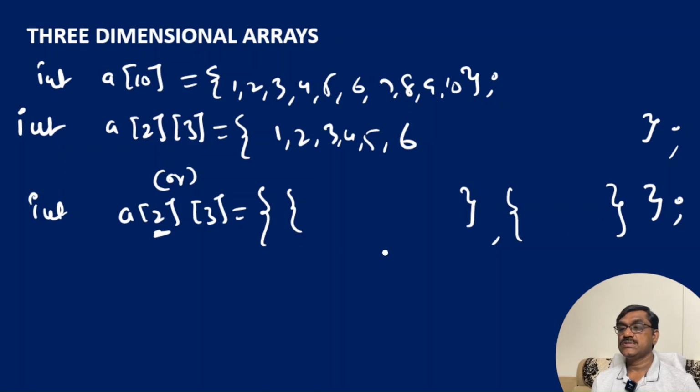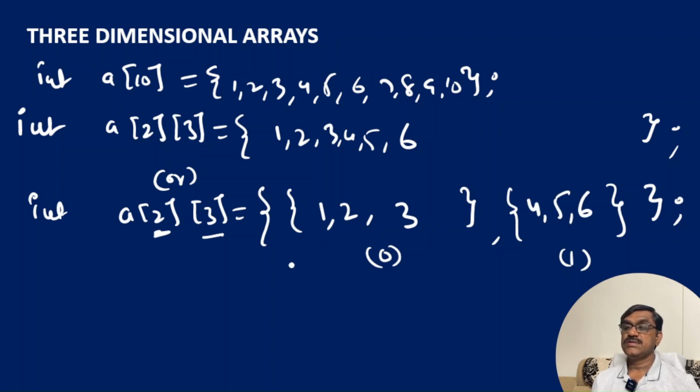This is the 0th block and this is the first block, because the counting of elements starts with 0. Now the second dimension is 3, which means each block is going to have 3 elements. Here I write 1, 2, 3. The second block also contains 3 elements, 4, 5, 6. This is another way of initializing a two-dimensional array. This is also valid and this is also valid.